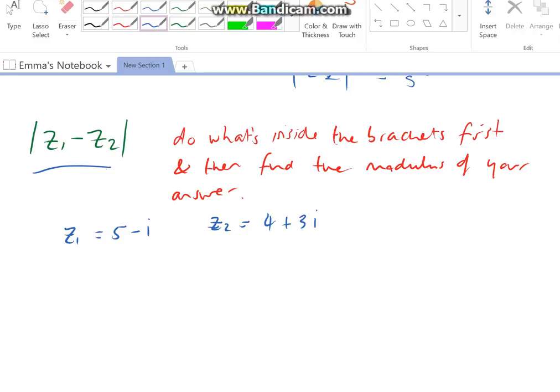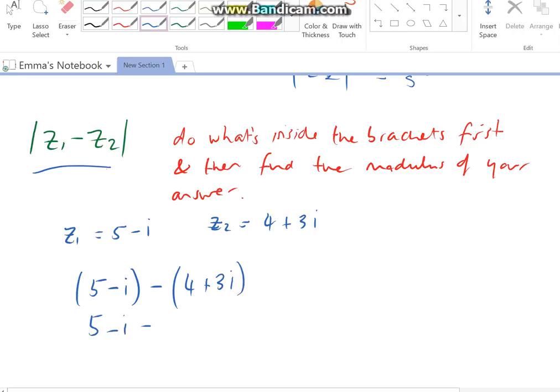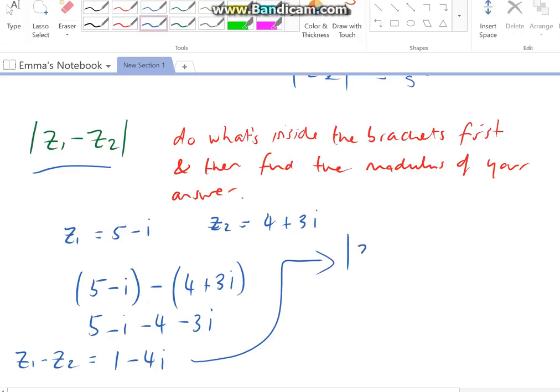So we'll go z1 minus z2. So we're going to sub in z1 minus, and then sub in z2, so put them in brackets. So that'll be (5 minus i) minus (4 plus 3i). And we did this in the previous video, and we got 1 minus 4i. So we know that z1 minus z2 is equal to 1 minus 4i. Now we want to find the modulus of that answer.